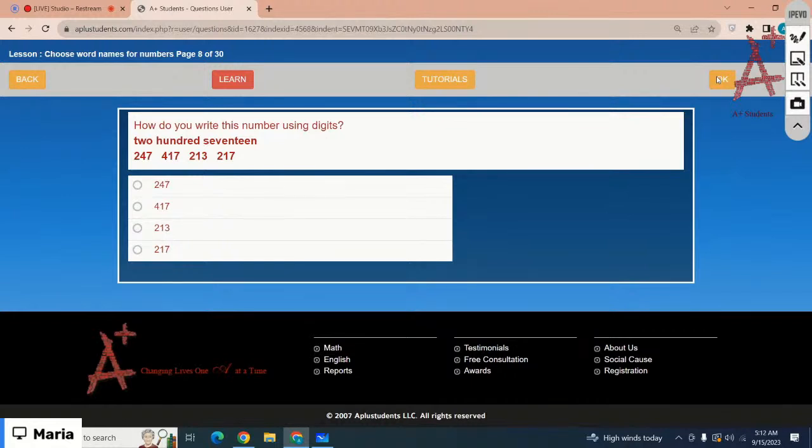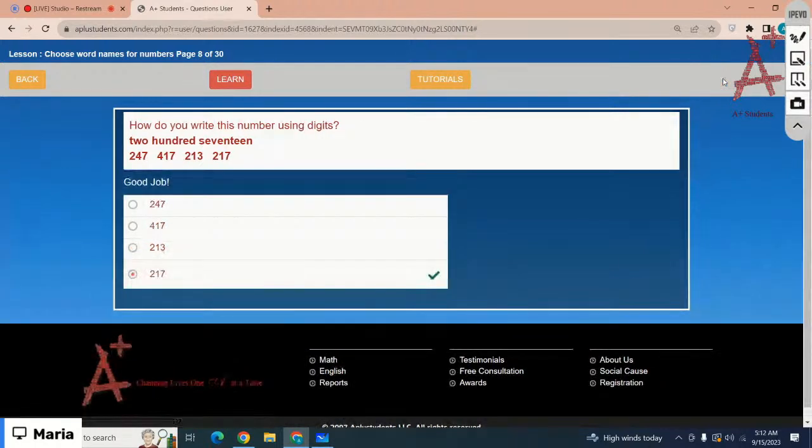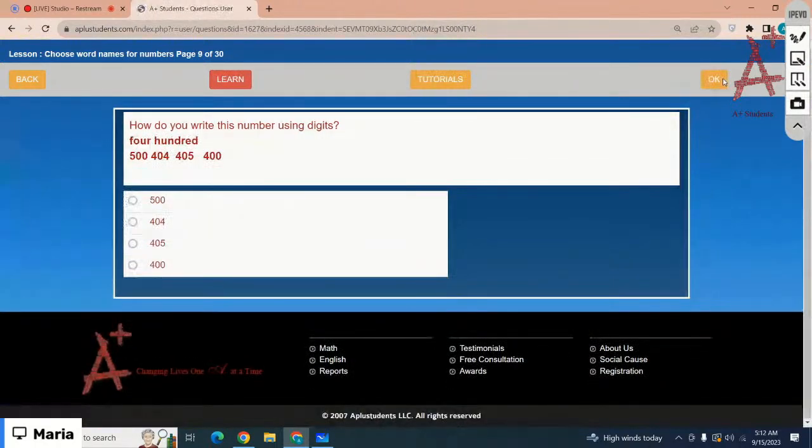So, which is the correct option? Yes, that would be the last option, 217. How do you write this number using digits? 400. Yes, that would be the last option. Very good.